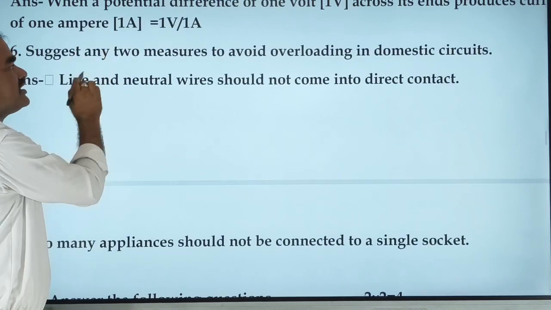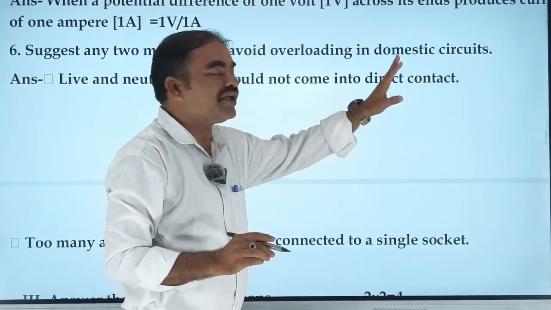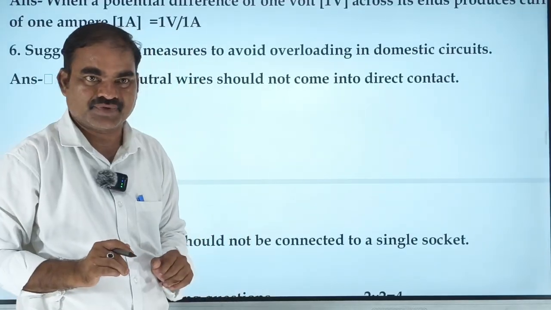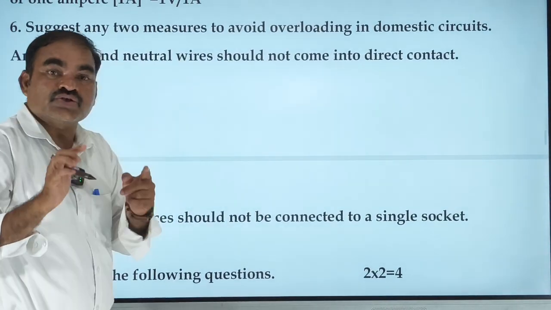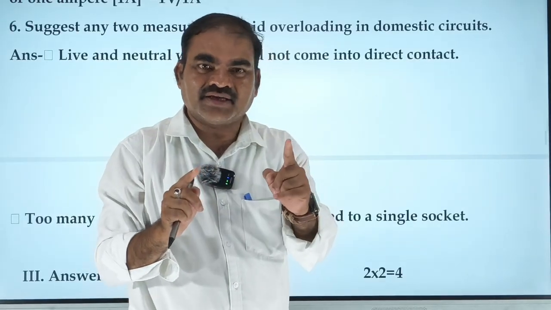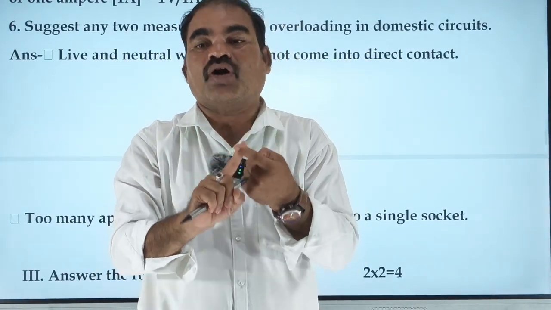Next question, suggest any two measures to avoid overloading of domestic circuits. Let us discuss the first one. We know that there is a live wire as well as a neutral wire. They should not come in contact.